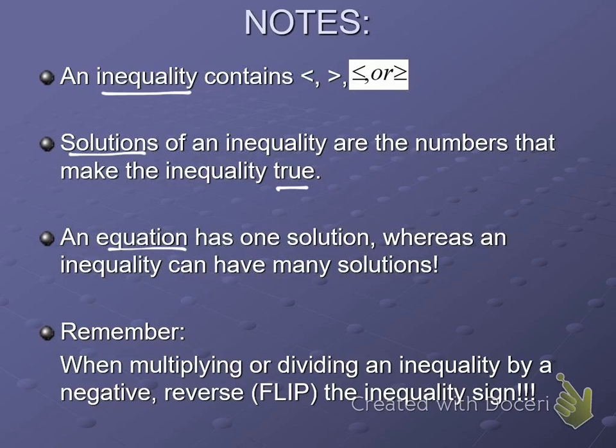An equation has one solution, whereas an inequality can have many solutions. Remember that when you are multiplying or dividing an inequality by a negative, reverse or flip the inequality sign.